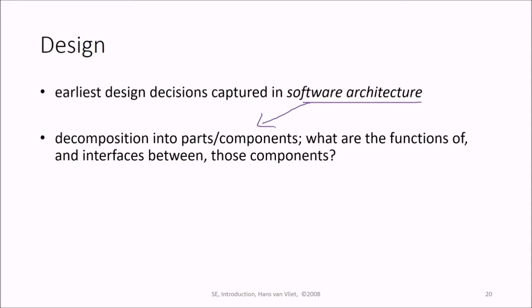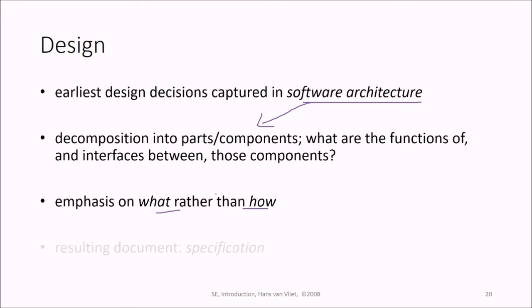What are the functions of, and the interfaces between, those components which you have devised in the software architecture. And now you emphasize what rather than how in this design phase. So the resulting document would be the design specification.